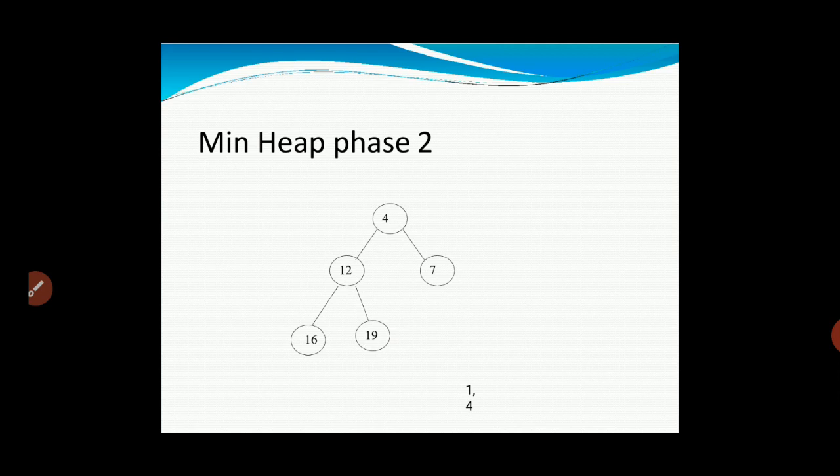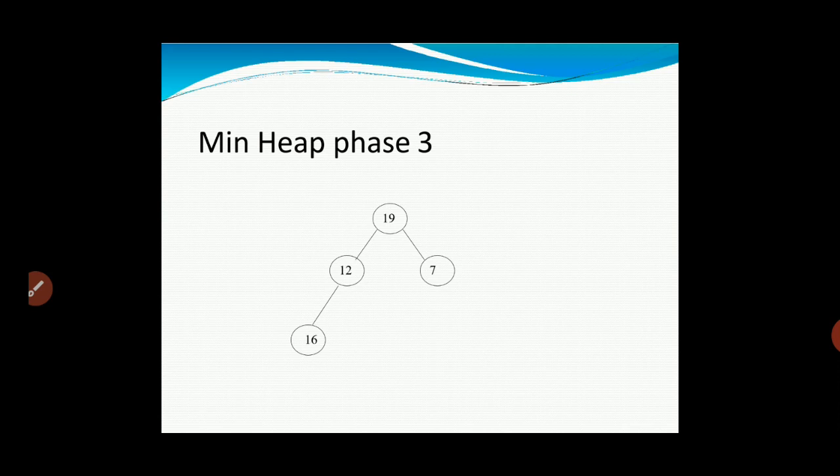And then after extracting the 4, the 19 goes to the 4's position. Then 4 is stored in your array.